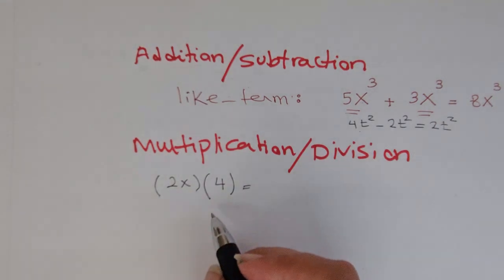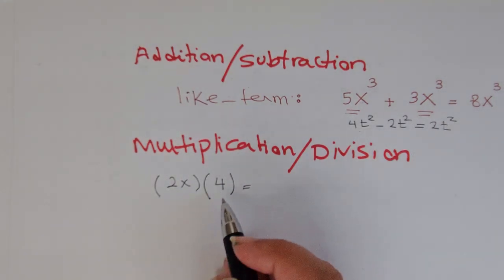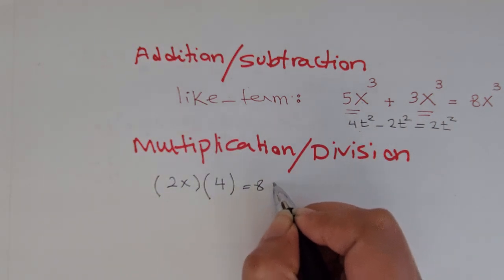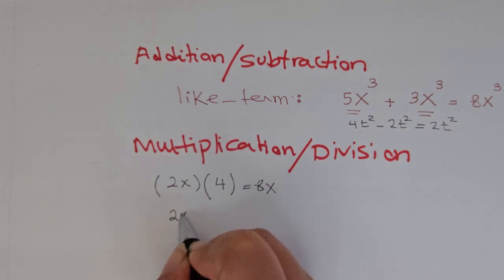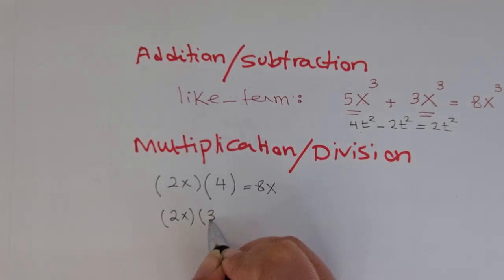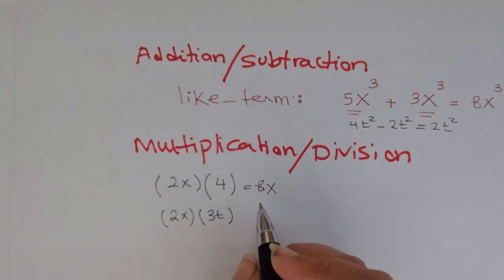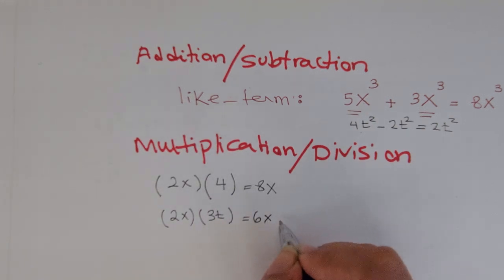Here, what you need to do, you are just simply multiplying the constants together and then the letter. So 8x. Or let's see, 2x multiplied by 3 times t. So here the constants together 6, and then you have x, then you have t.